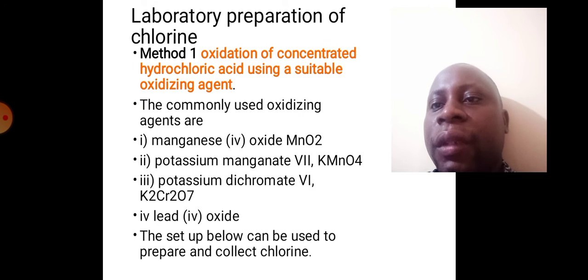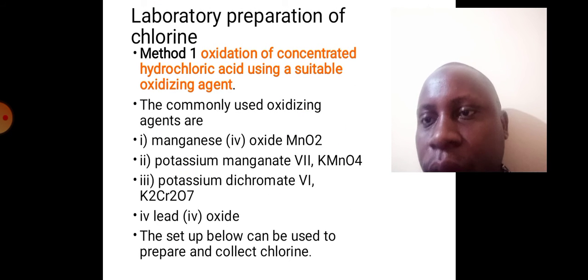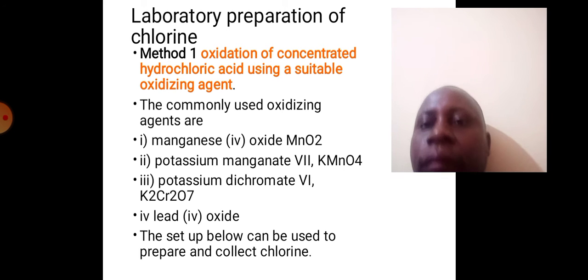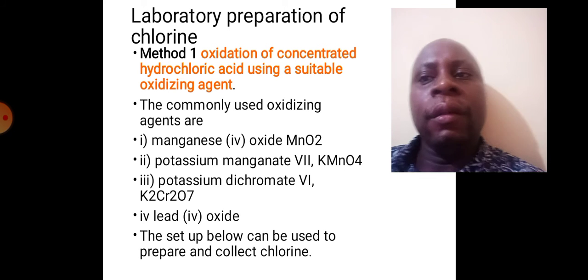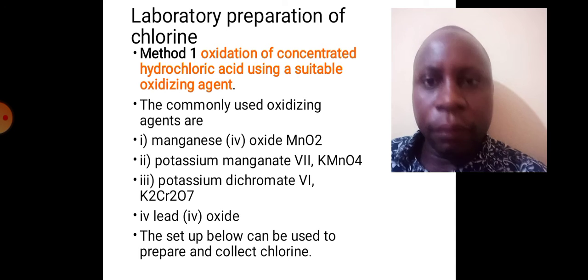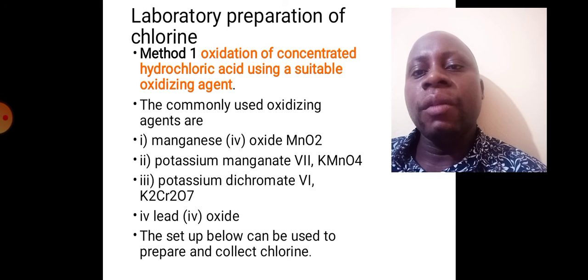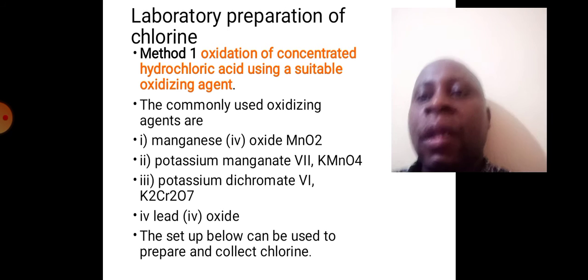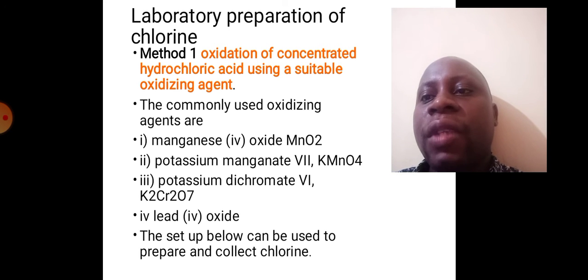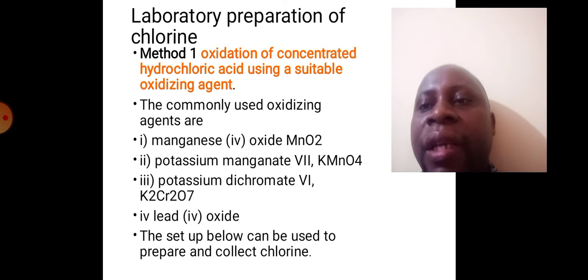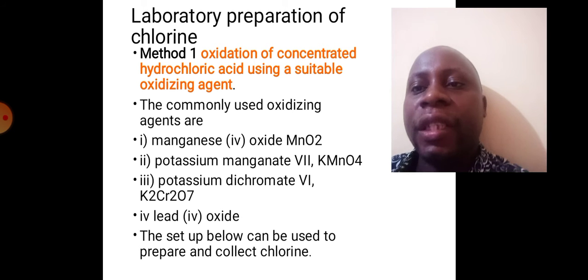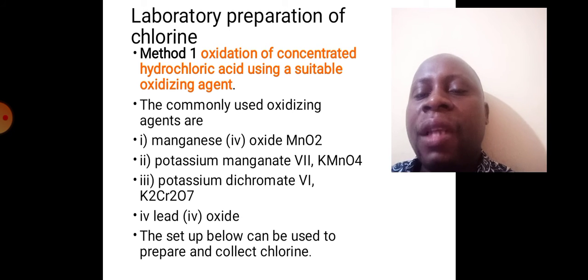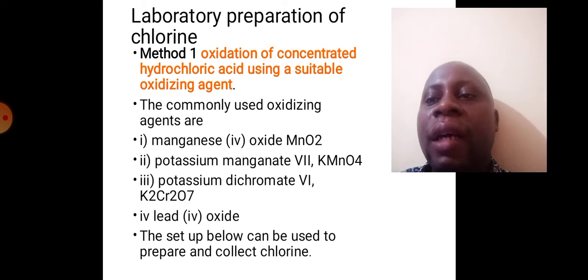Preparation of chlorine gas. Now, we have two methods that can be used to prepare chlorine in the lab. The first one is oxidation of concentrated hydrochloric acid using a suitable oxidizing agent. That is, action of an oxidizing agent on concentrated hydrochloric acid.